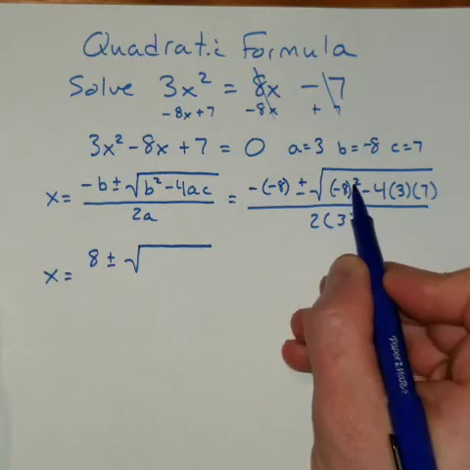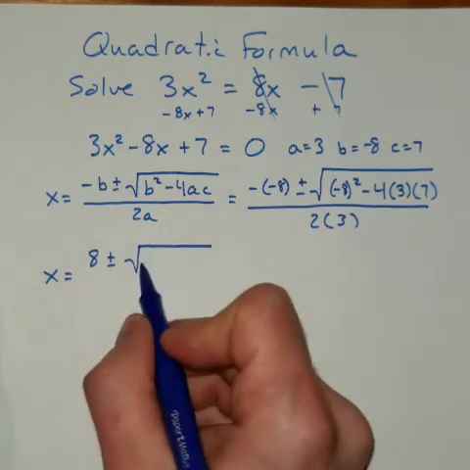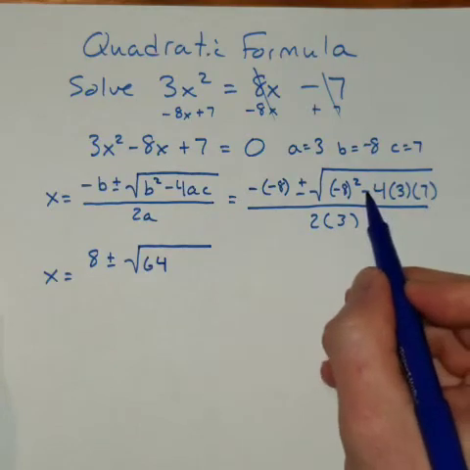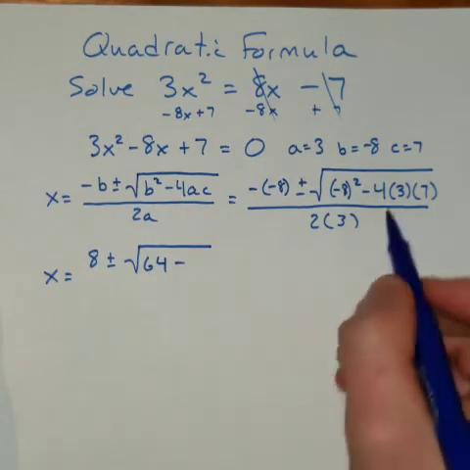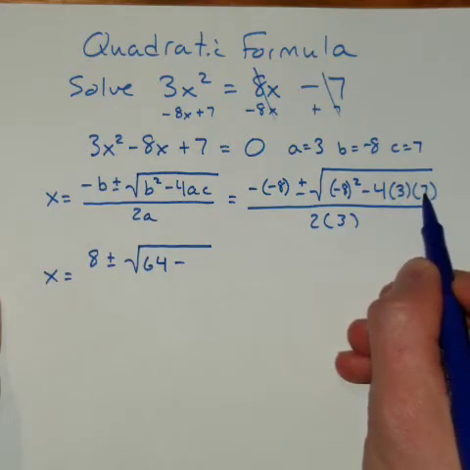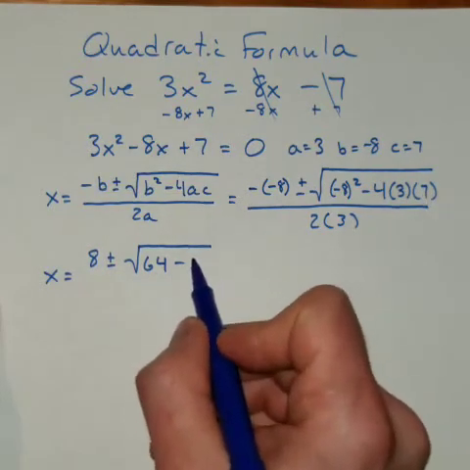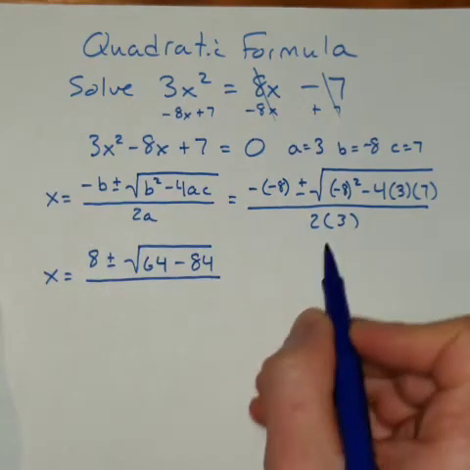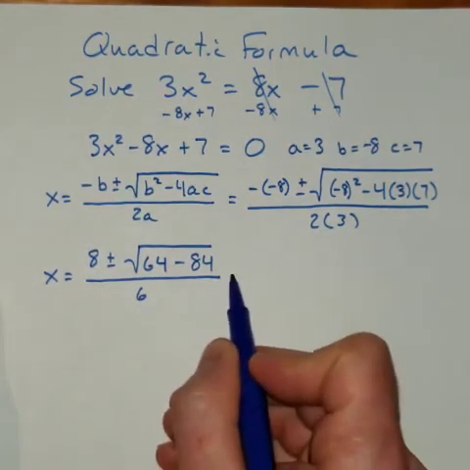Again, here a negative squared is positive. 8 squared is 64, so it's positive 64. Here I have a single negative, so I get a minus. 12 times 7 should be 84, so it's 64 minus 84. And then all of that over 6.